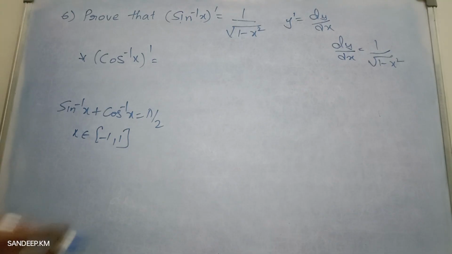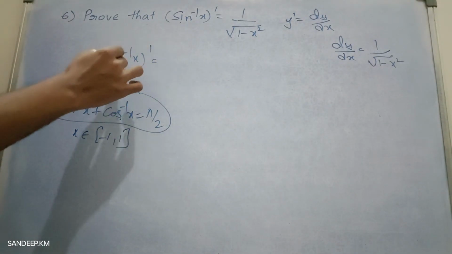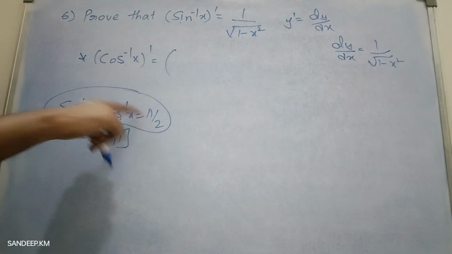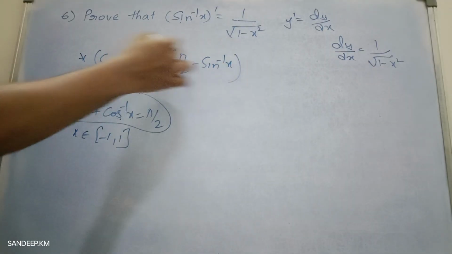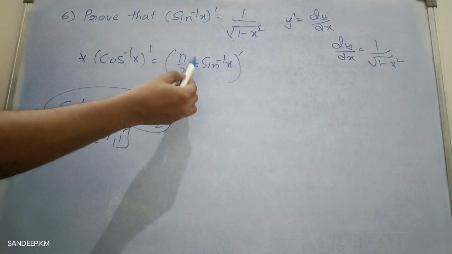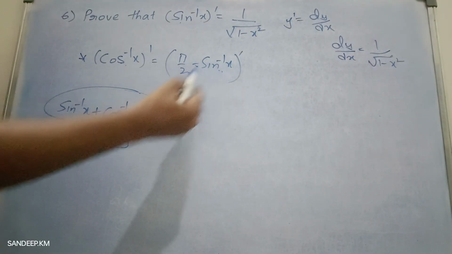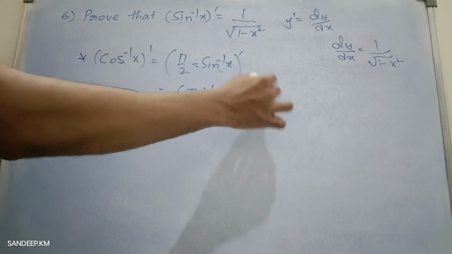So therefore, dear students, instead of cos inverse x, what can I write from here? Instead of cos inverse x, I can write the derivative of pi by 2 minus sin inverse x. In upcoming videos you will learn that in addition or subtraction I can separate the derivatives. So pi by 2 derivative minus sin inverse x derivative.